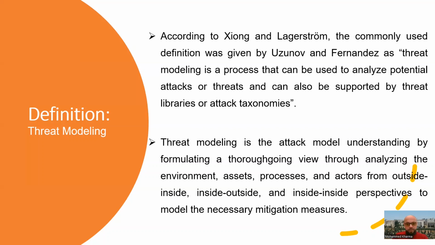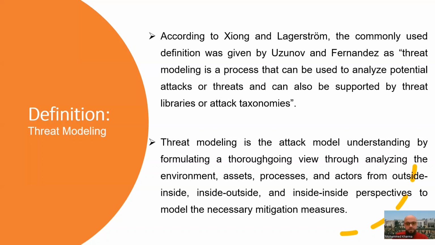The outside to inside refers to external adversaries that have no legitimate access to the trusted boundaries of the environment, such as the outside of the model data center, vehicle, smart home, or computer system.